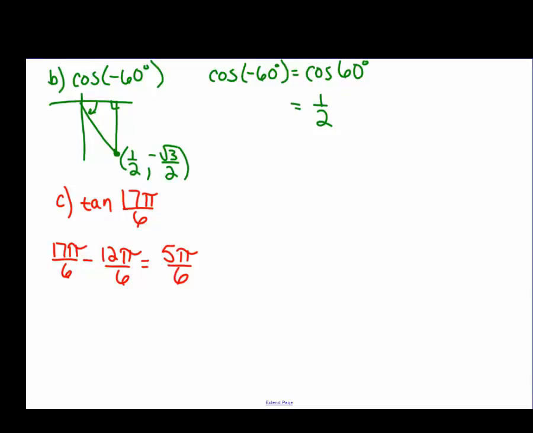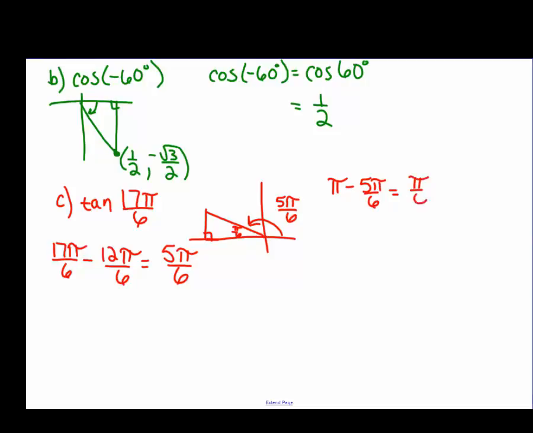And so that is going to land in the 2nd quadrant. And so here is our 5 pi over 6, which means that our reference angle is going to be pi over 6, because pi minus 5 pi over 6 is going to give us pi over 6.